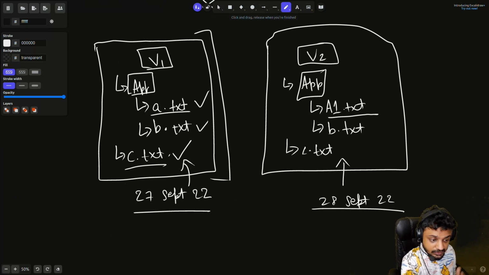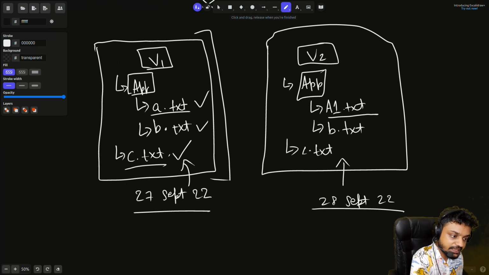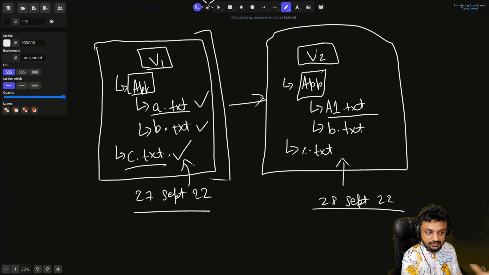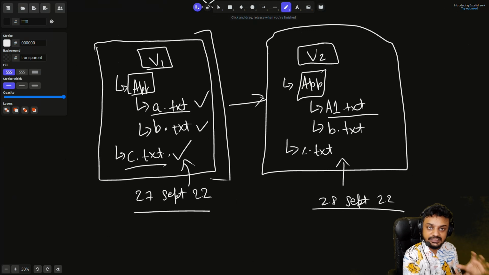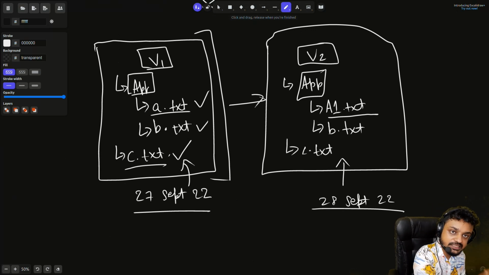So it will take a picture of this, like this is what the file system used to look like, and this is what the content of the file was. It takes a picture of that, creates a reference to that snapshot, and saves it, right? You make some changes to it, again it will say that this is what the file system looks like, this is what the content of all the files inside it looks like, and it takes a snapshot of it, creates a reference to that snapshot, saves it, right?